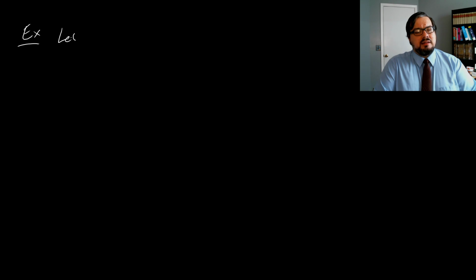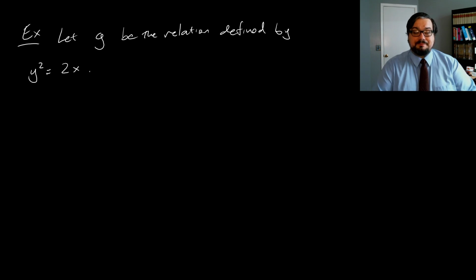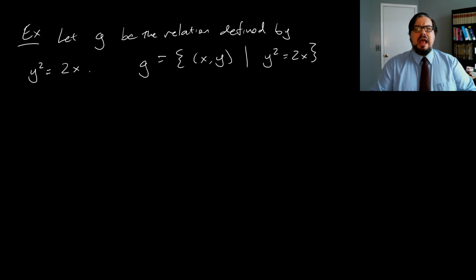Let's let little g be the relation defined by y squared equals 2x. So in other words, g is the set of all pairs x comma y where y squared equals 2x. And for the moment, I'll suppress writing down that we're only looking at real numbers for our x's and y's.